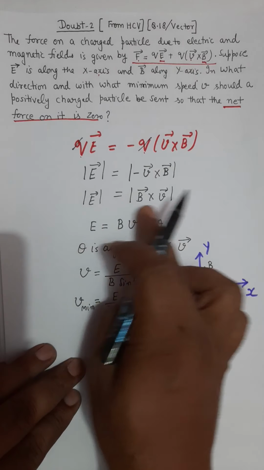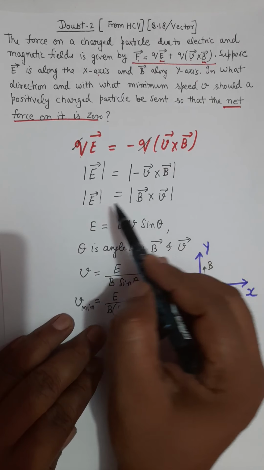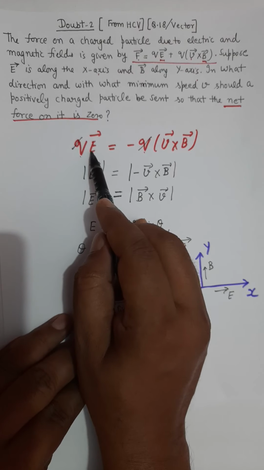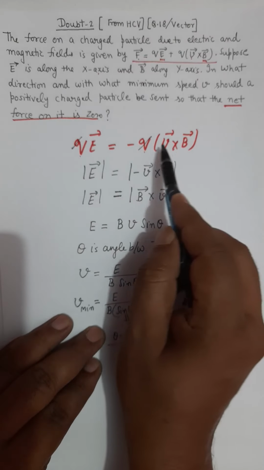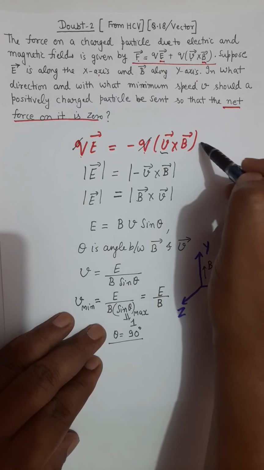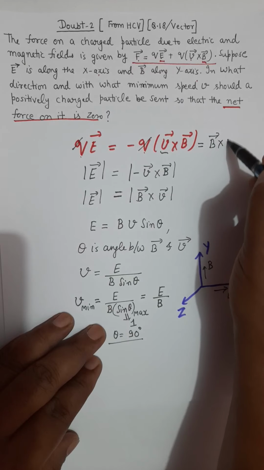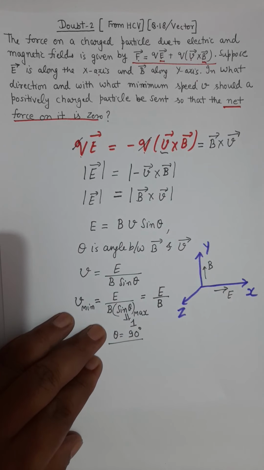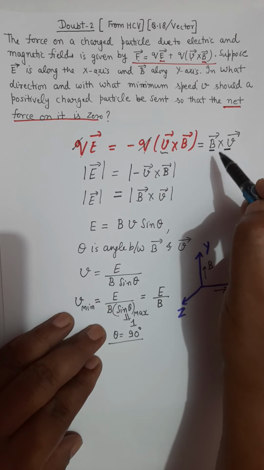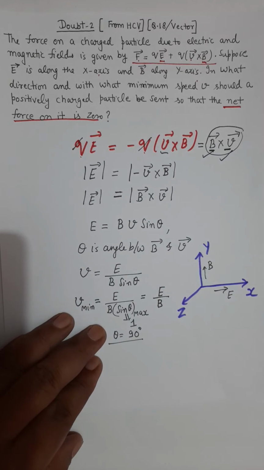One more thing from here, being a cross product, if there is equality on both sides, notice that E vector is minus of V cross B. We know from the cross product property that this minus sign will be removed and you can write it B cross V. As per the cross product rule, B cross V must be perpendicular to the magnetic field as well as the velocity.